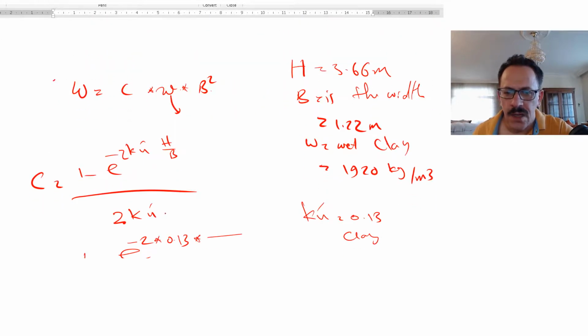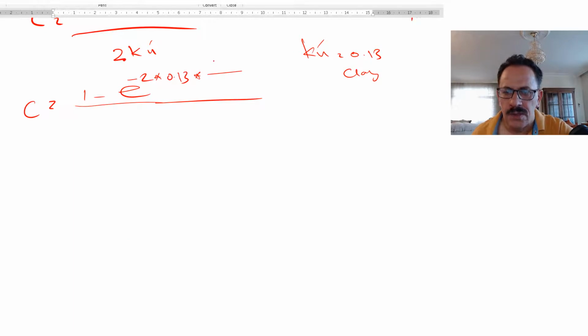So what will this be? It will be 3.66 meter divided by B, which is 1.22 meter. You can see you have times 2 times 0.13.